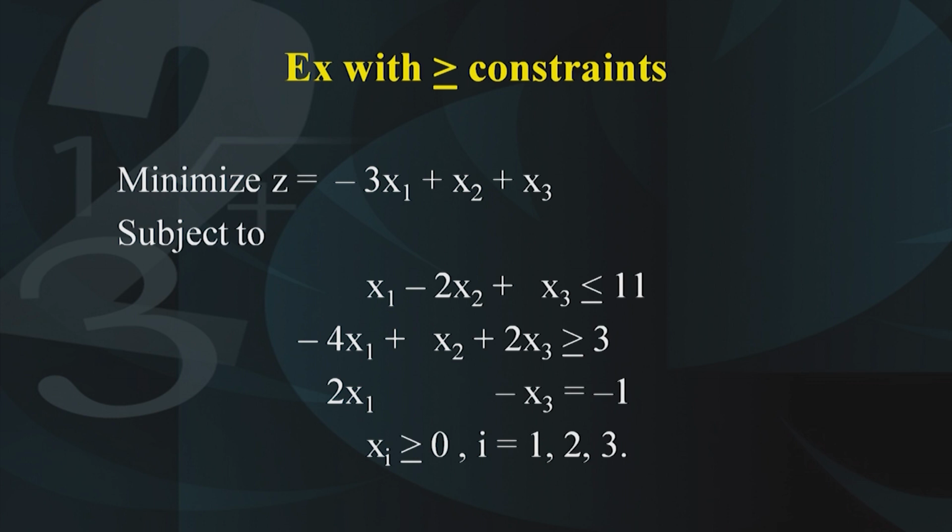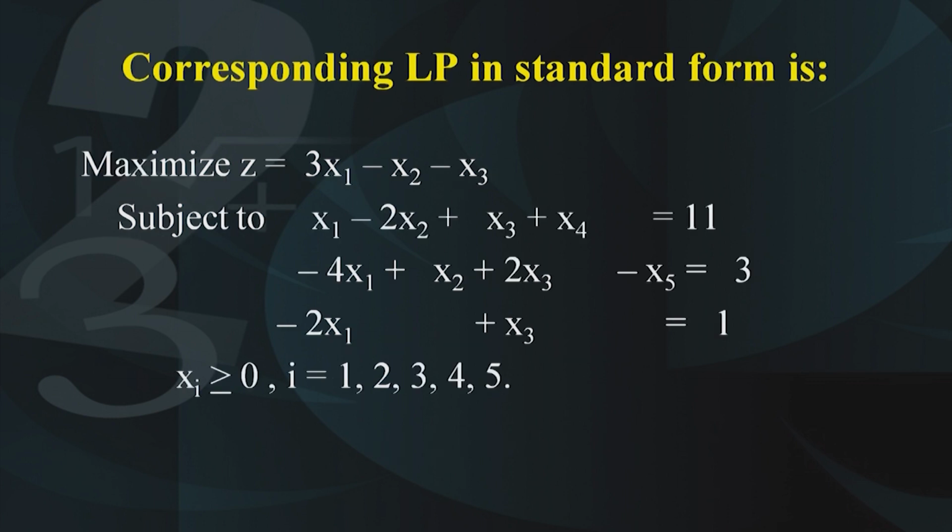So, we need to convert the third equation into a form where the right hand side is positive, and therefore, we will convert this equation like this: minus 2x1 plus x3 is equal to 1, and x1, x2, x3 were already greater than or equal to 0. On the other hand, the two new variables that we have introduced, x4 and x5, also have to be greater than or equal to 0.